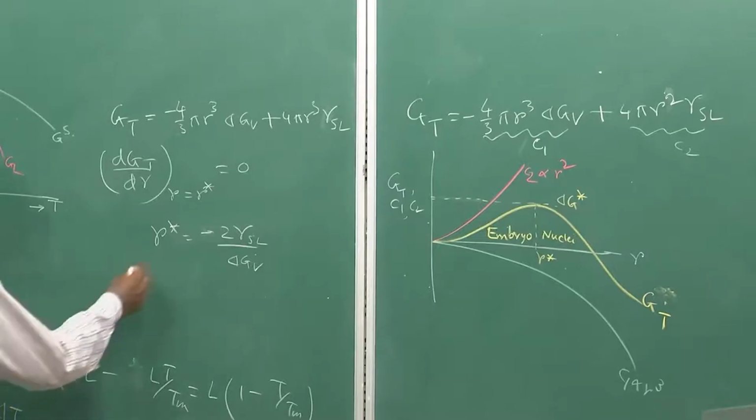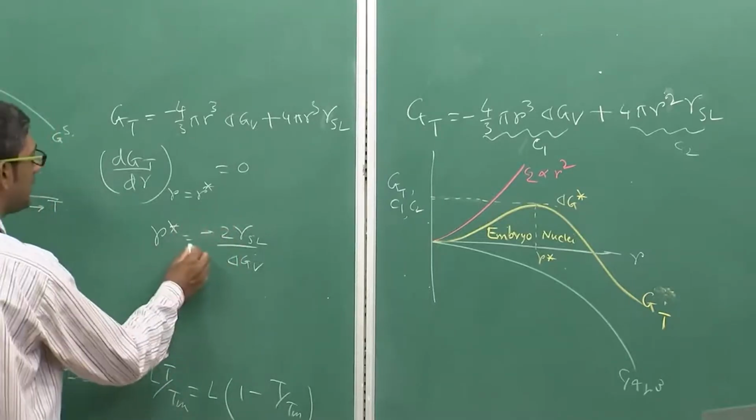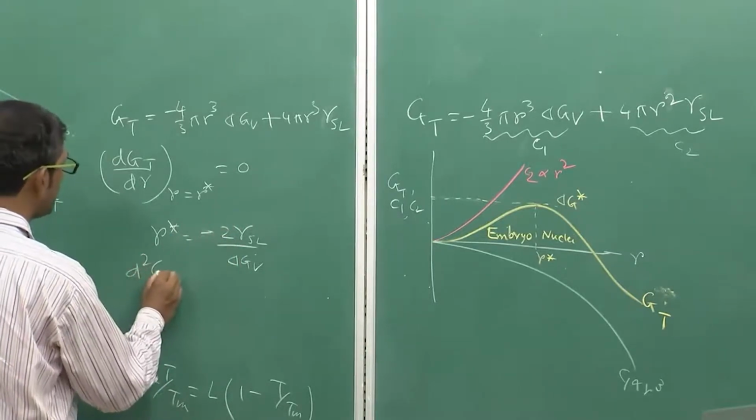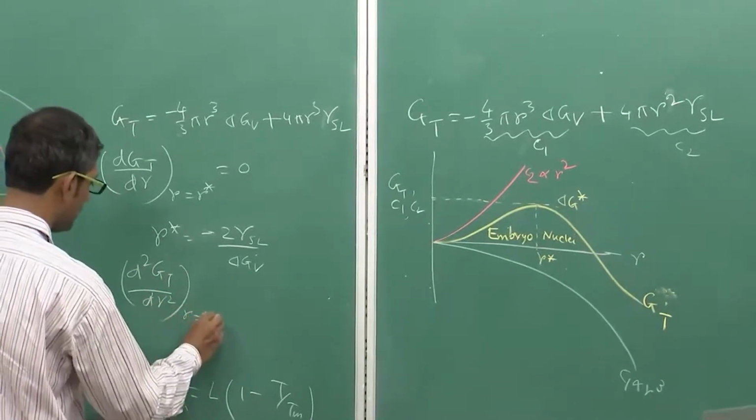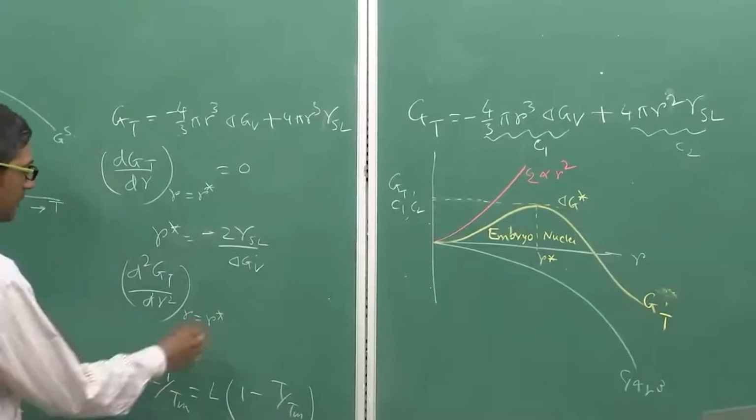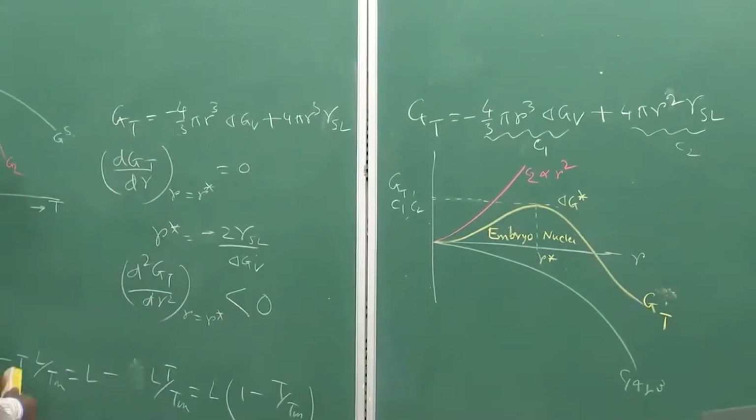And similarly, if you want to cross check that this value of R star will lead to the second condition to be satisfied, because this is a maximum, therefore this will be less than 0.